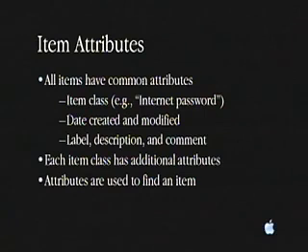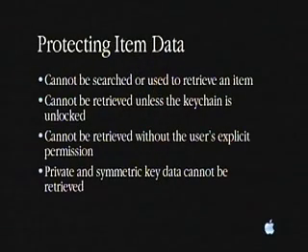Within those subcategories, though, of an item class, there are additional attributes that are defined. So, for example, if you have an internet password, you have things like the protocol and the server, which are additional attributes that are specific to an internet password. And the whole purpose of adding attributes to these things is so that you can find the item again when you're looking for it.